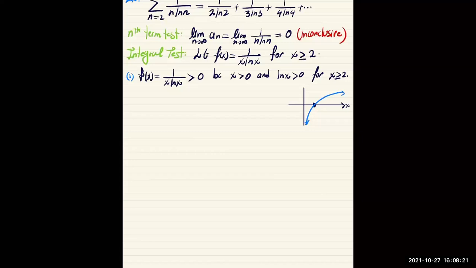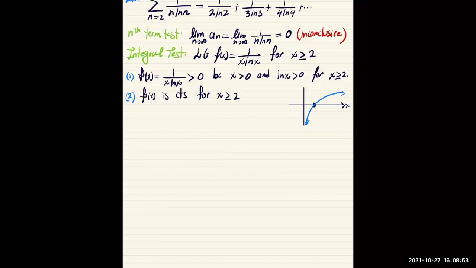Nothing crazy to prove. Okay, the second requirement says that the function must be continuous. That means continuous for x greater than or equal to 2, because nothing on this interval makes this function undefined.